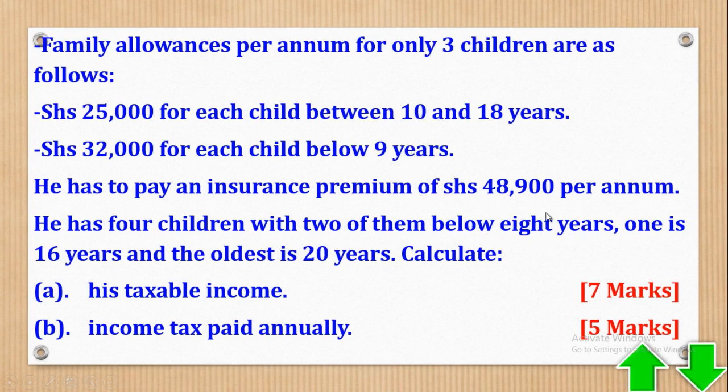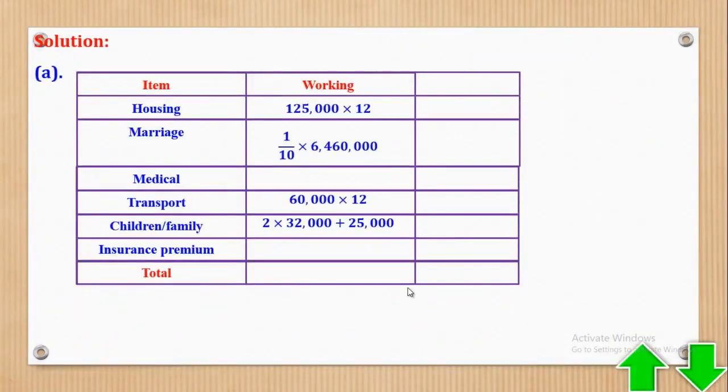But the other 2, who are below 8 years, qualify for the allowance of 32,000 shillings for each child below 9 years. Because there are 2, we multiply 2 by 32,000. So in total, we have 2 times 32,000 plus 25,000. Let's write that allowance.